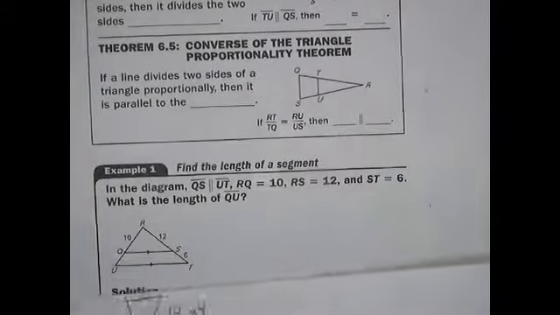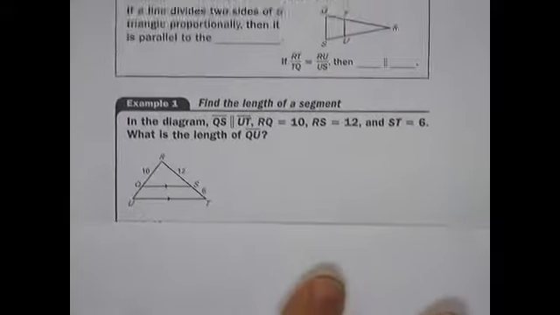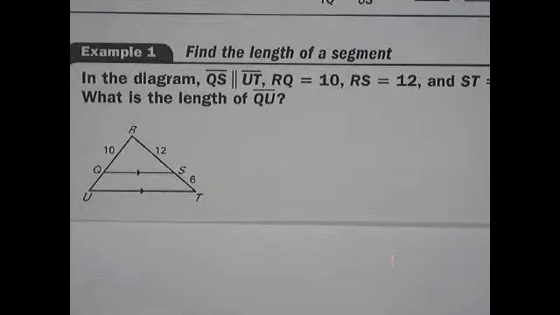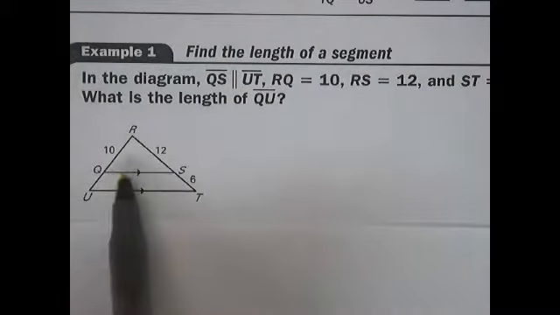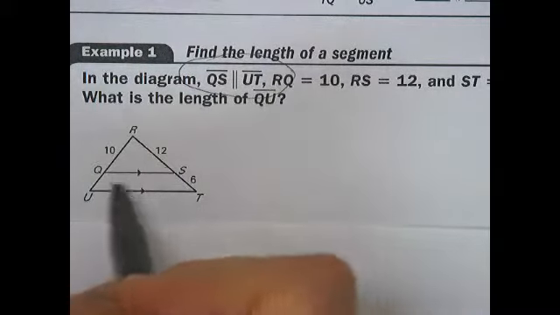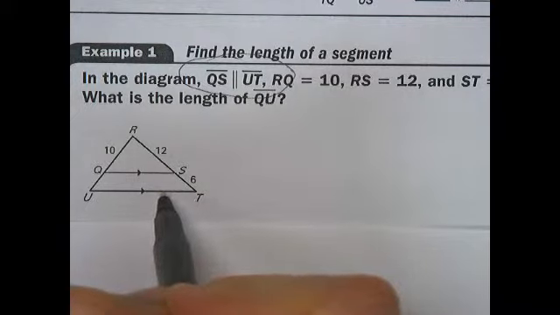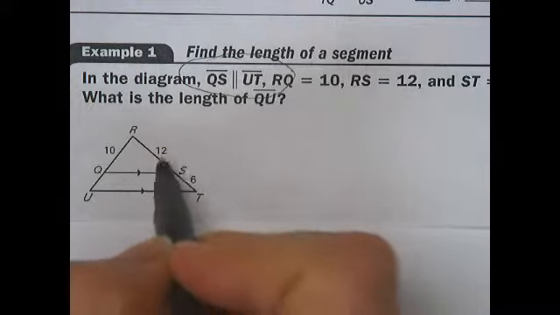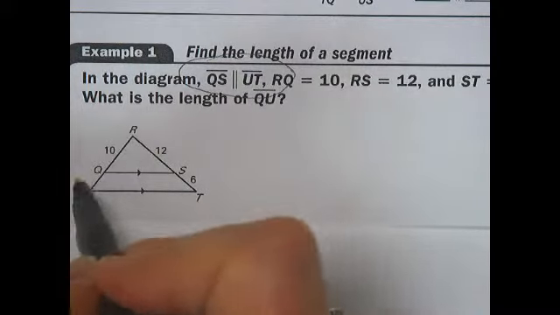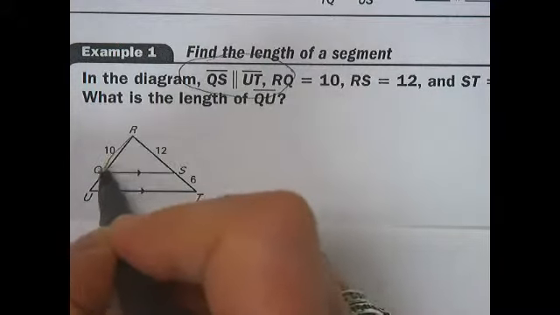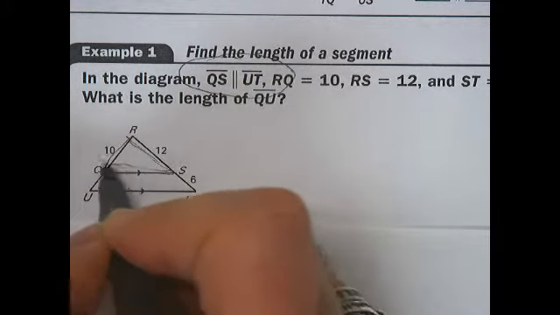Okay, then we go to our first problem. First thing I'd like you to look at is this problem. In the diagram, QS is parallel to UT as it's marked, so that is the given. If it's given that it's parallel, we know that those parallel lines can cut the triangle into proportional triangles, or a proportional relationship, or into similar triangles.